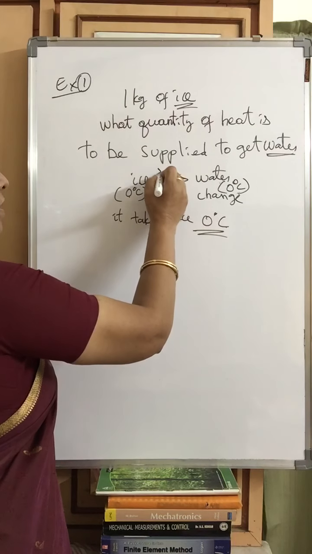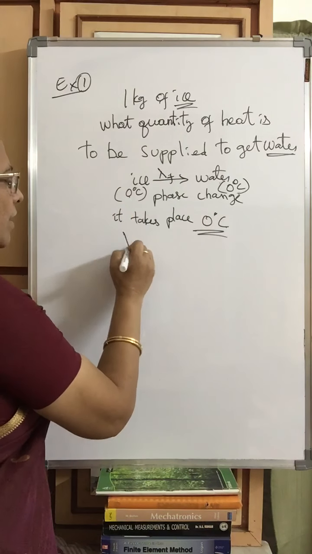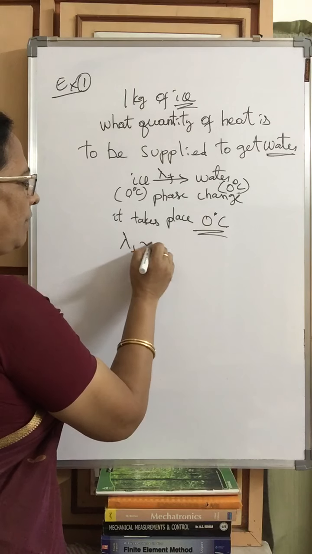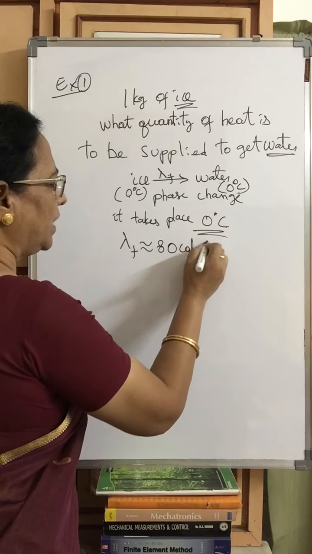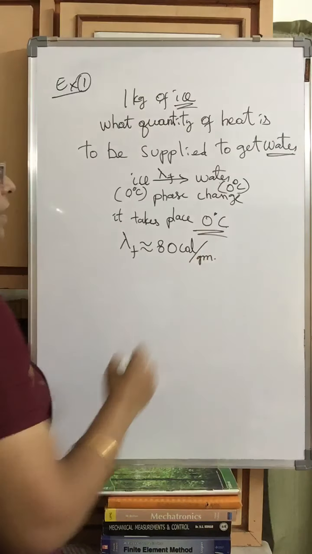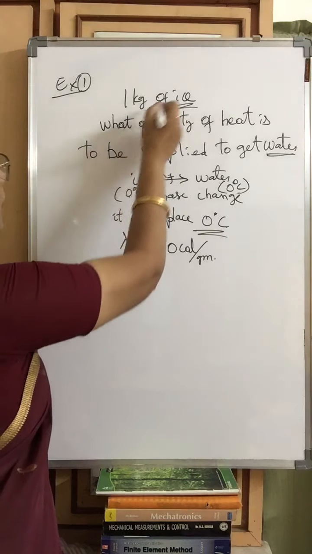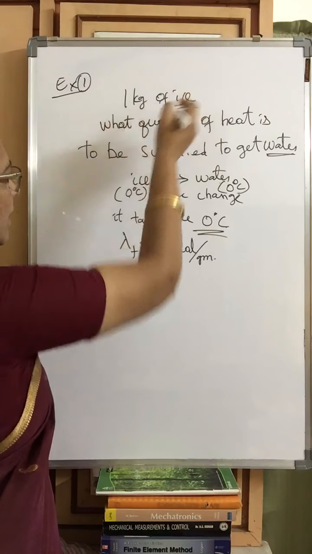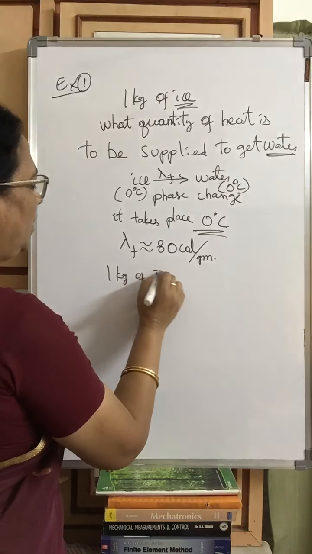So what is the quantity of heat energy? That is called lambda F. We know that lambda F is nearly 80 calories per gram. So what quantity of heat energy is needed per 1 kg of ice? You have 1 kg of ice.